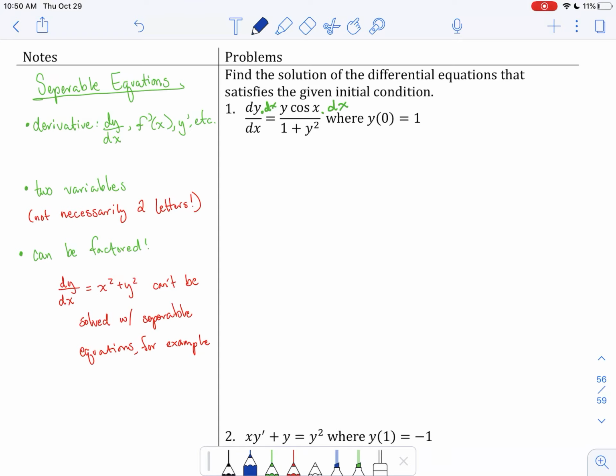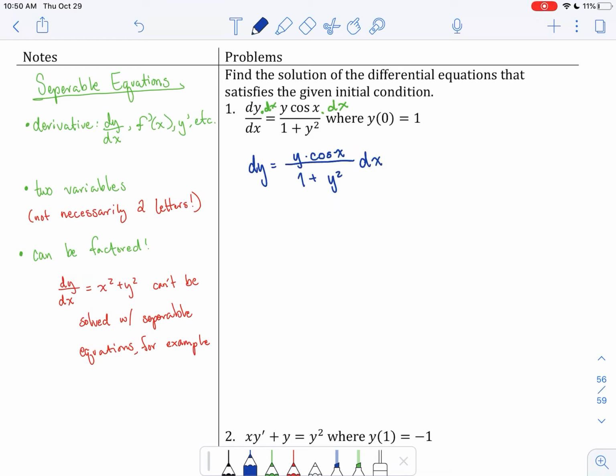in this form. So now we have dy is equal to y times cosine of x all over 1 plus y squared dx. And what this now tells us is that this is going to be the y side, and this is going to be the x side.